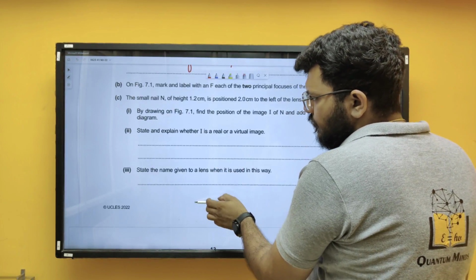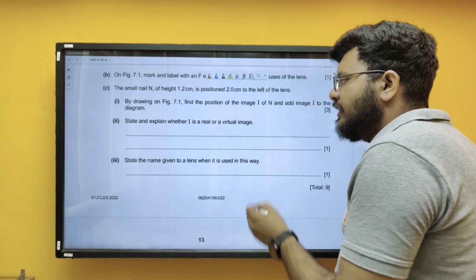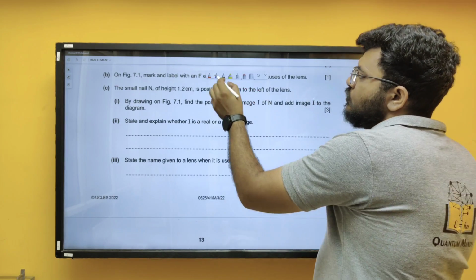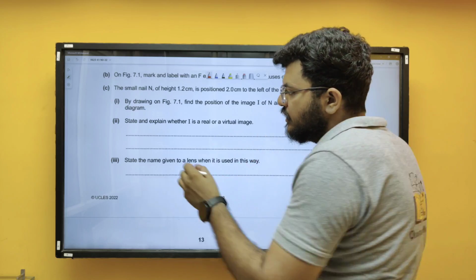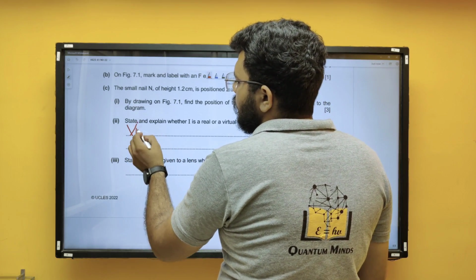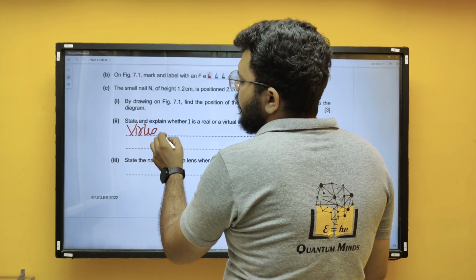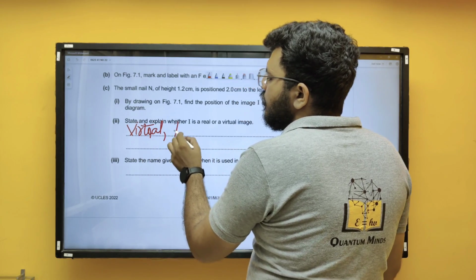Then state and explain whether I is a real or a virtual image. So state, what is it? Virtual. And explain. How do we explain?